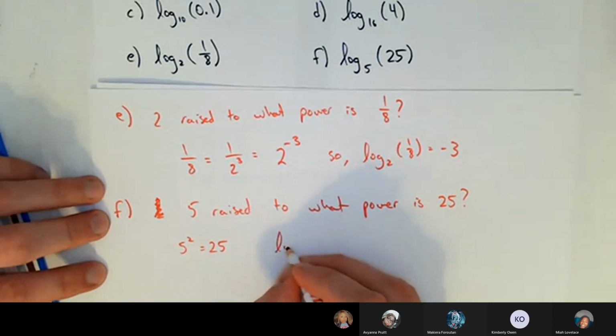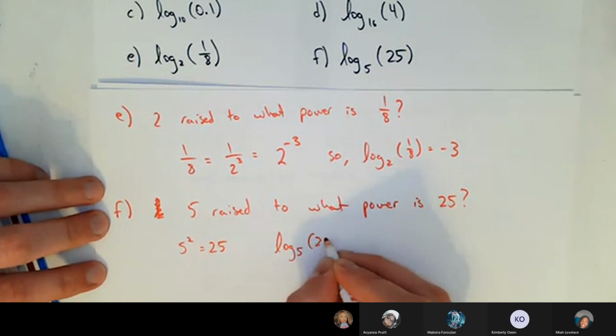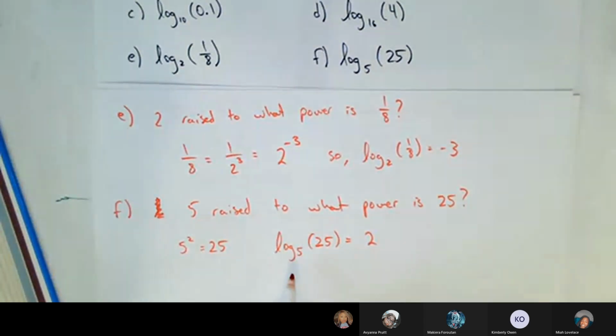Right, so log base 5 of 25 is equal to 2, because 5 squared equals 25. So hopefully you're getting a feeling now with those 6 examples of what the log is giving you, what it asks, and the answer that it gives. Okay.